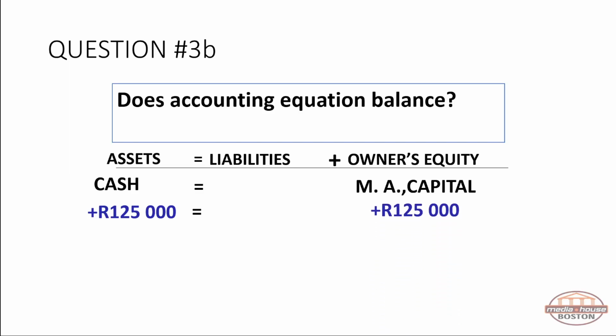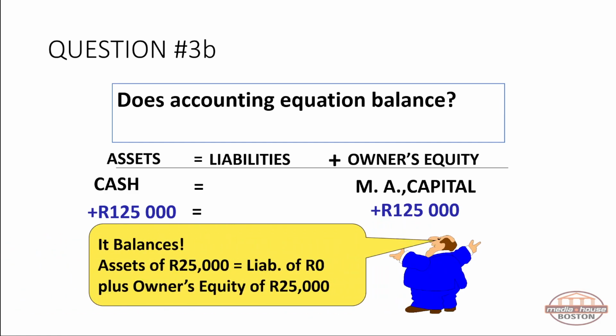The owner's interest will also increase by 125,000. Then the question becomes, did our accounting equation balance? You can see the left-hand side is equal to the right-hand side. Therefore, this means that it is balanced. So it does balance, as you can see from our transaction.